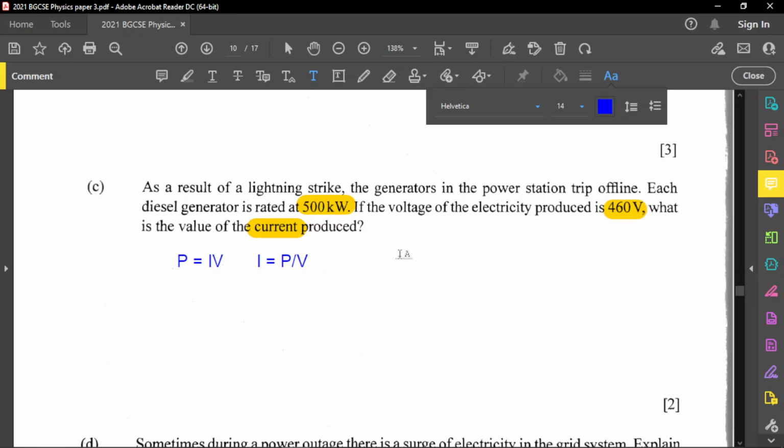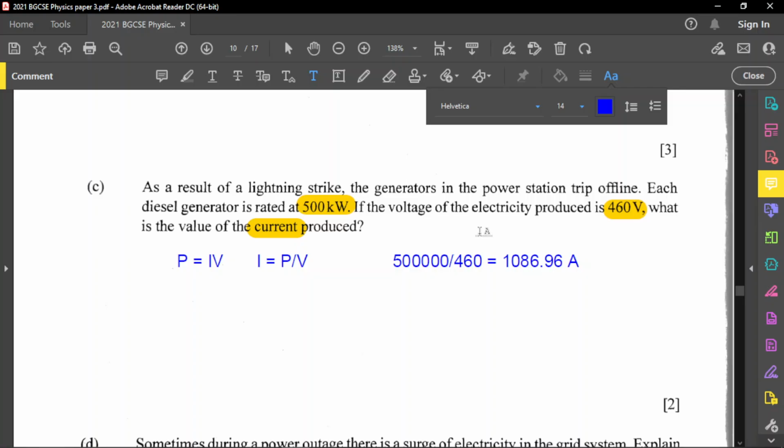So what we can have here now as the formula is 500,000 divided by 460, which is our voltage, and that equals 1086.96. This is in amperes. So it's 1086.96 amperes.